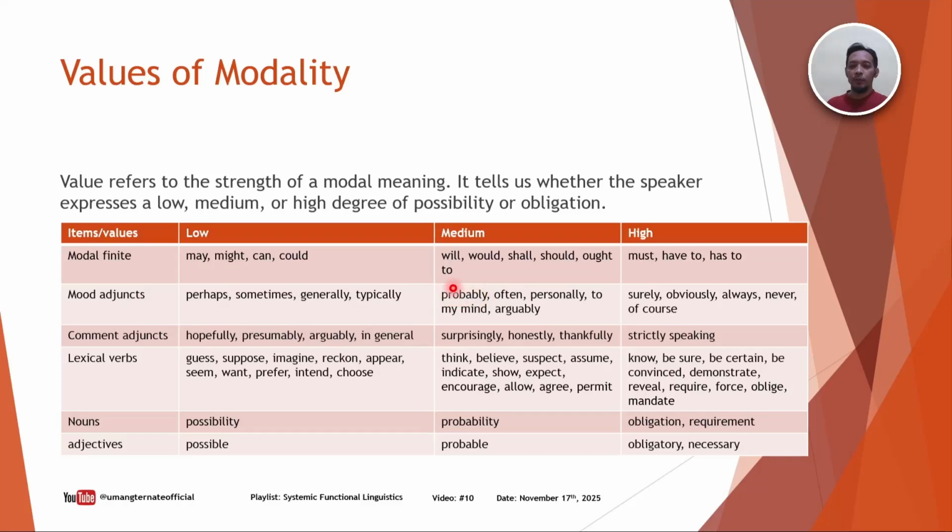So we can think that the words used to express the modality express the degree of confidence, the degree of obligation or inclination, whether something is highly probable or is not likely to happen or is not likely to be a possibility.